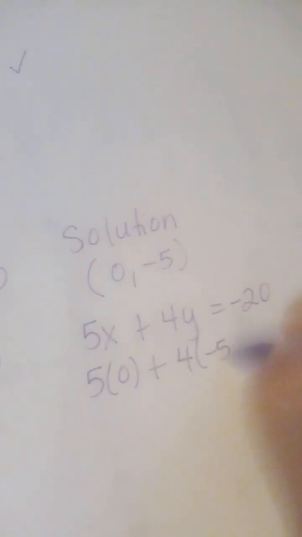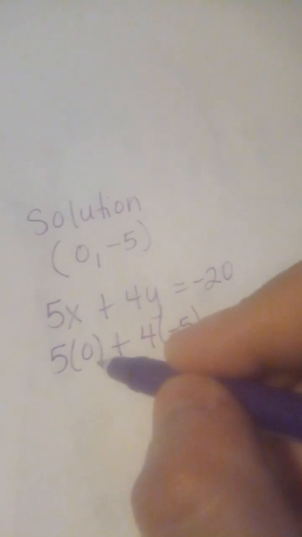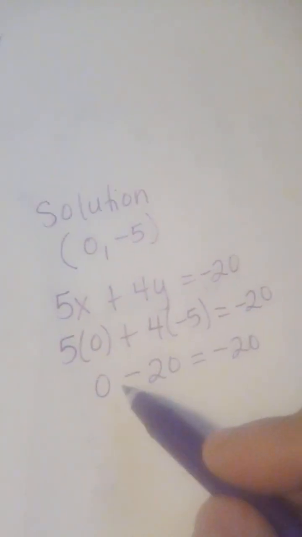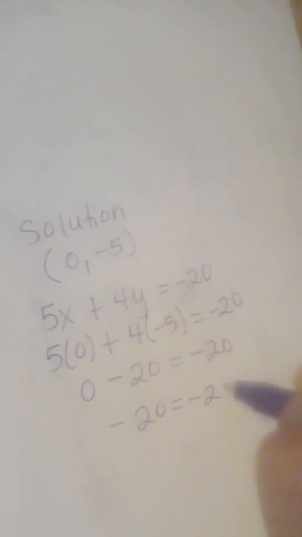X is 0, plus, just for show, 5 times 0 is 0. 4 times negative 5 is a negative 20. 0 minus 20, that is a negative 20. Well, we got a match. So that is our final answer.